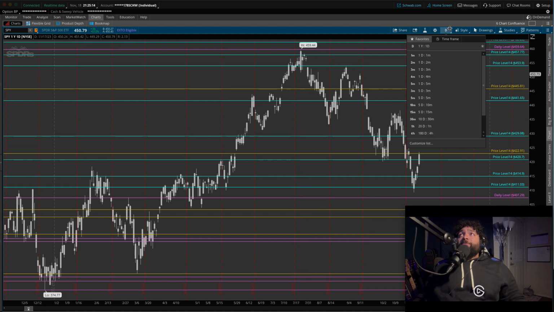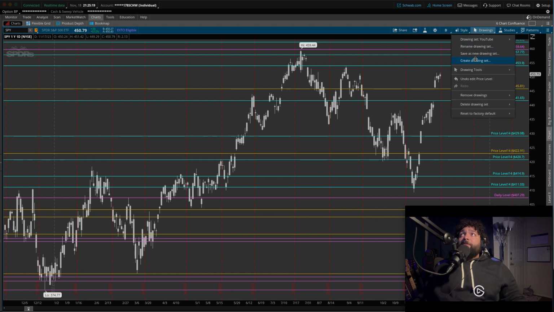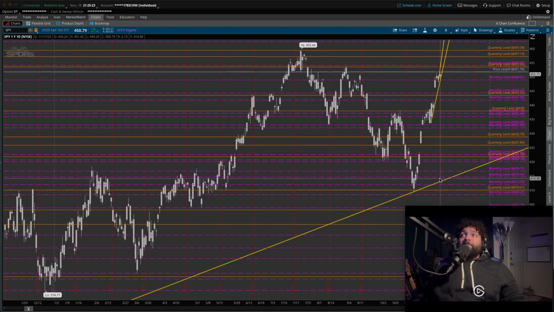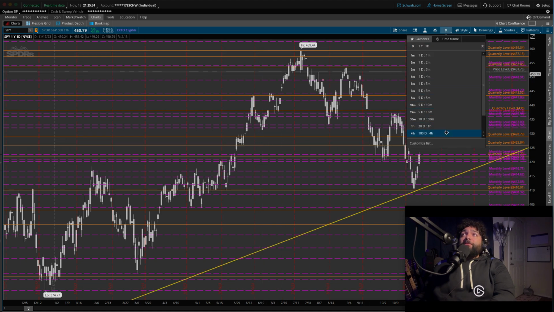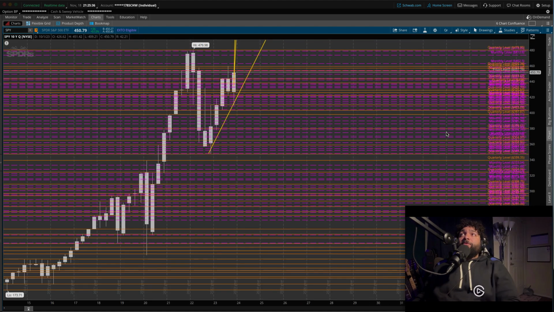I'm going to show you what my SPY chart looks like now with it all done. Get rid of this trend line. Let me go to the quarterly so you can see.